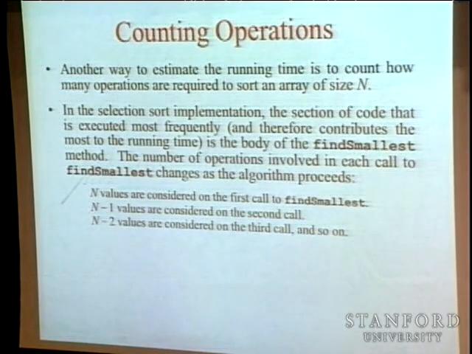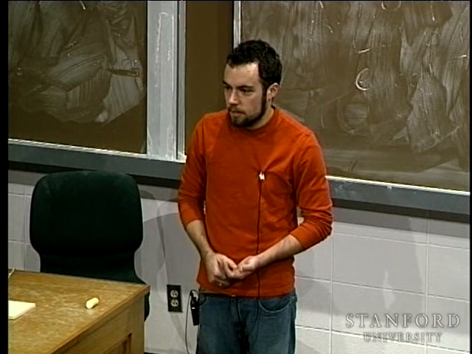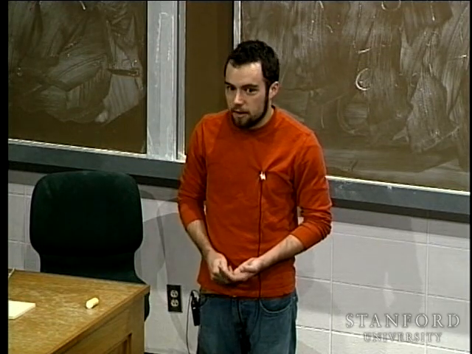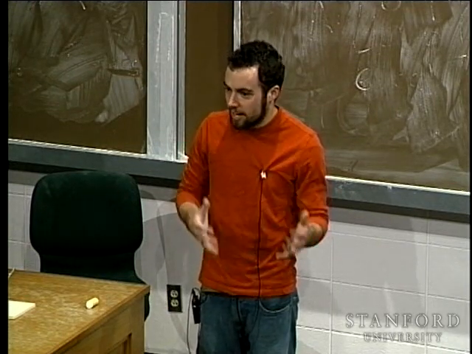So on the very first time through, we're looking at all of the elements in the array after the first one. How many are we looking at on the second time through? One less than that? Okay. And on the third time through, one less than that.